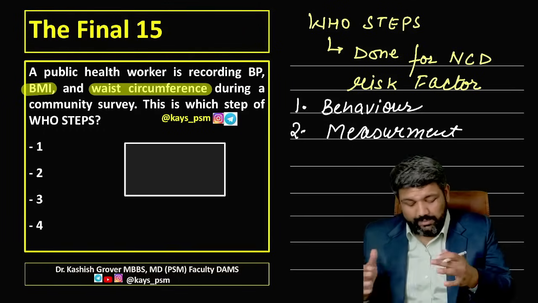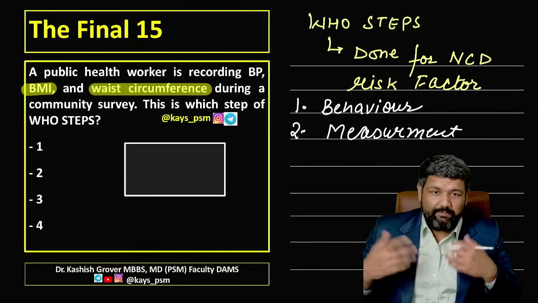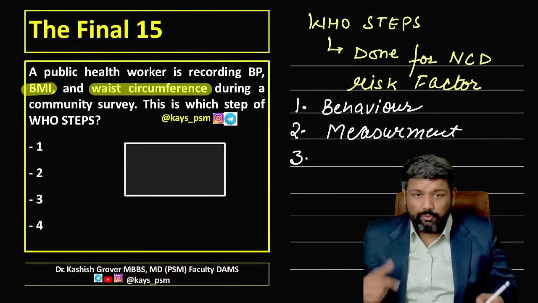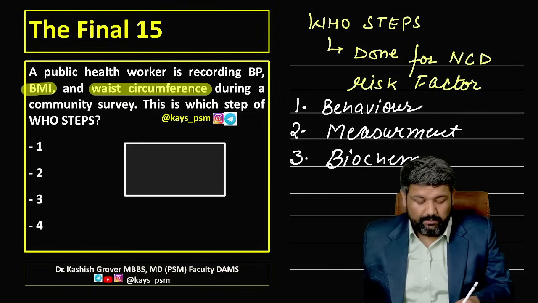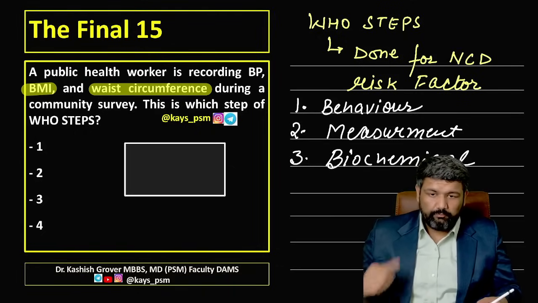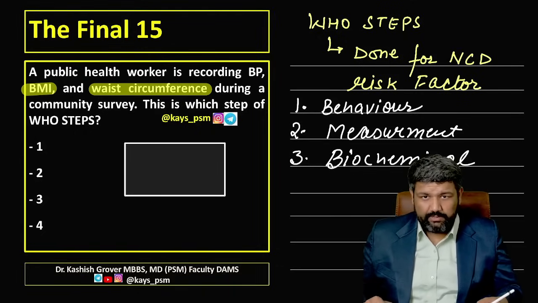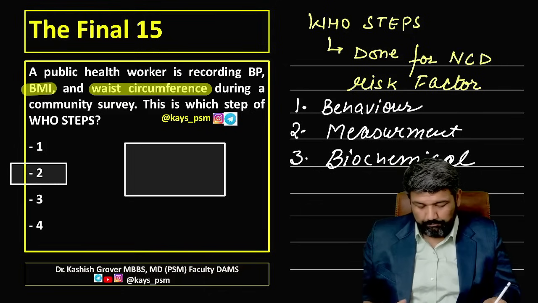If anyone is found high risk on BMI, if the BMI is increased, waist circumference is increased, then we go to step 3. Step 3 is known as biochemical. Now we ask the person to give a blood sample to check for the lipid profile, HbA1c, and other biochemical parameters. In this situation, the correct answer will be step 2.